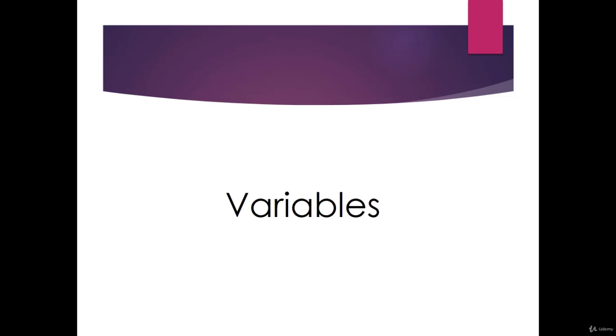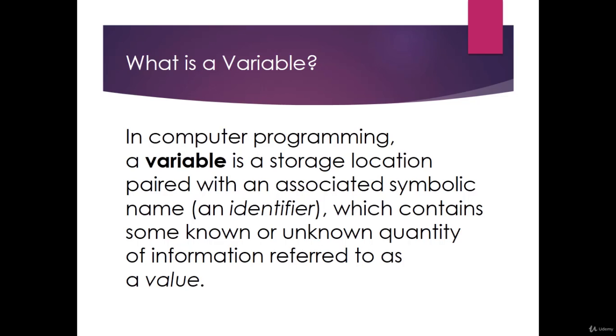So after seeing sequence, which is actually the most foundational concept in programming, we are going to see the most foundational data type in programming, that are variables. So what is a variable?